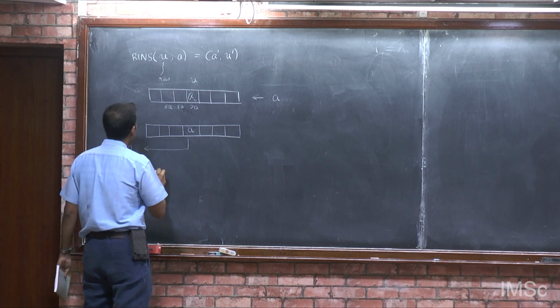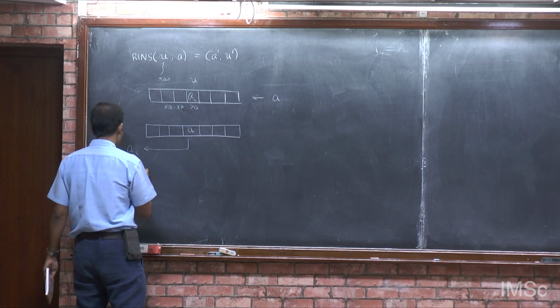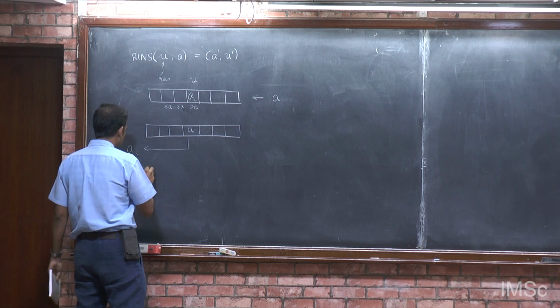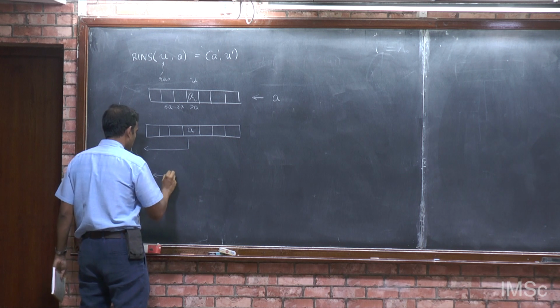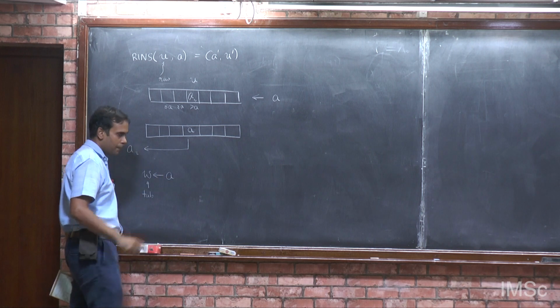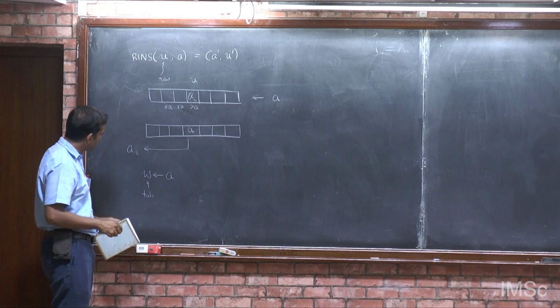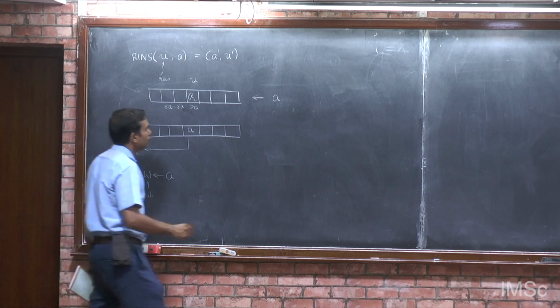Then we had this notion of insertion. I have a word W, which is a tableau, and then I have this notion of inserting. What I want to say is the following theorem.